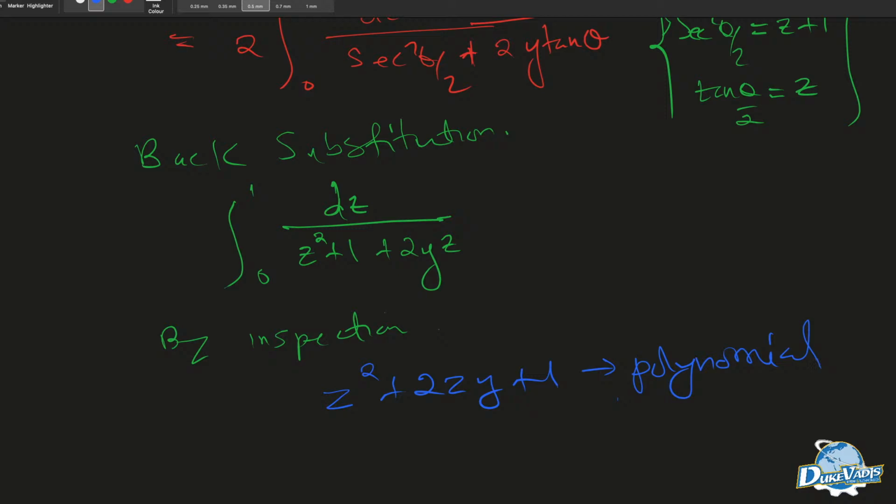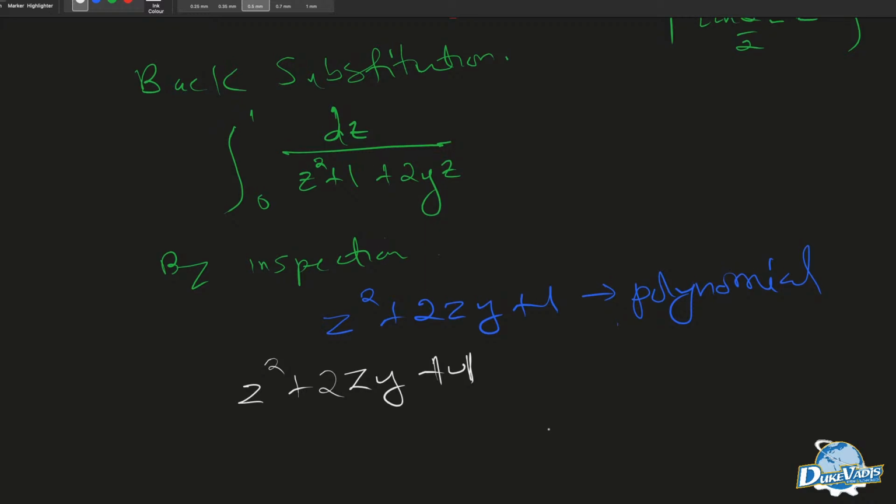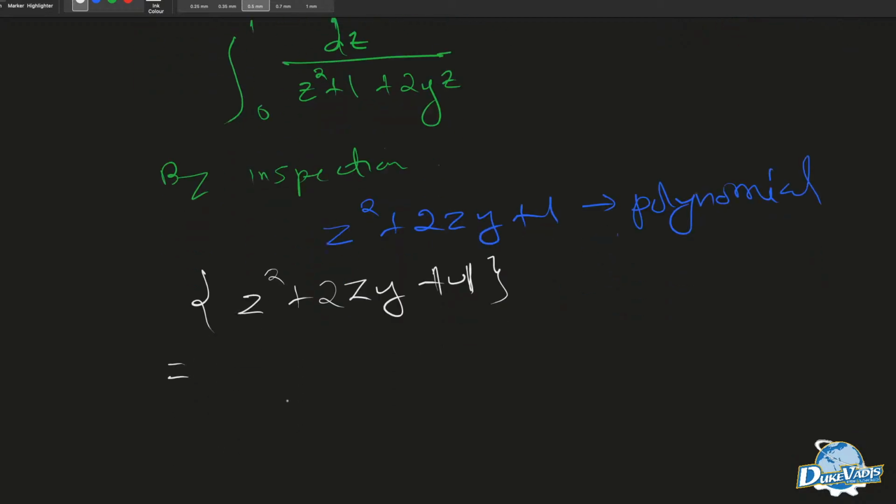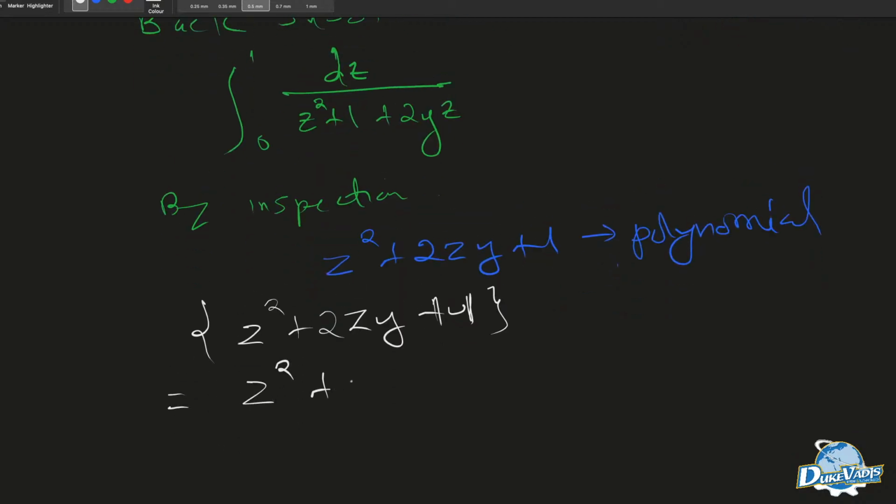So because of that, we can take our time and look at it. We can also write it like z squared plus 2zy plus, if you look at it very well, y squared minus y squared, which is 0, plus 1. We haven't changed anything.